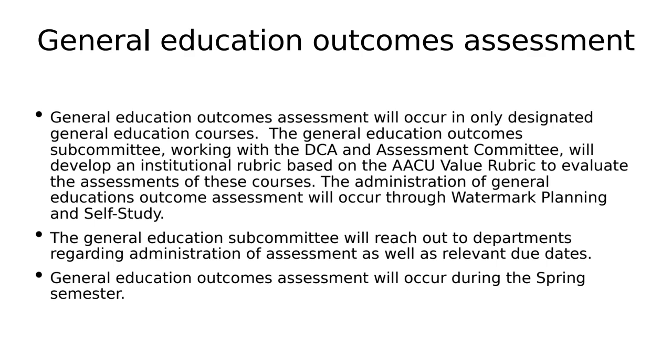Like course and program assessment, the administration of the General Education Outcomes Assessment will occur through Watermark Planning and Self-Study. The General Education Subcommittee will reach out to departments regarding administration of these assessments, as well as relevant due dates. These assessments will occur during the spring semester.